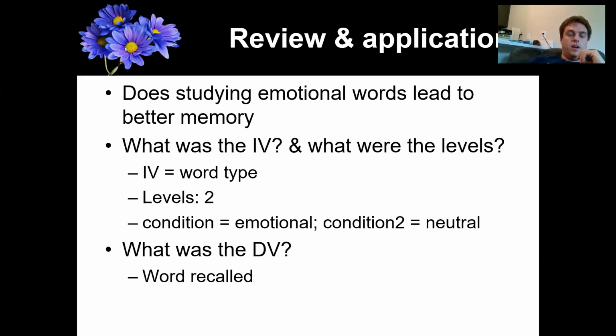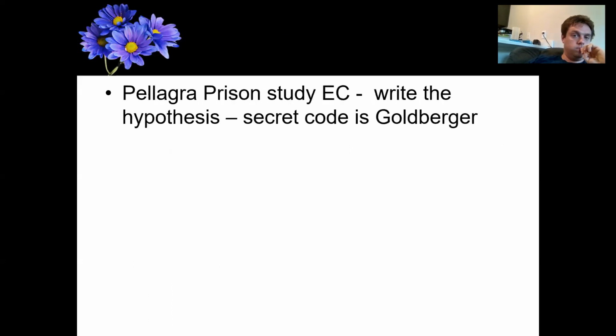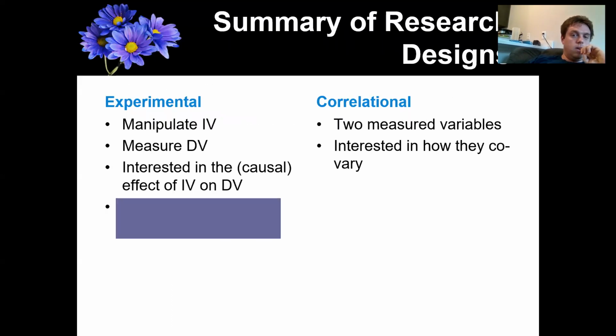And we would have two conditions here, two levels: either emotional words or neutral words. And again, you can have more than two levels. You could have positive words, negative words, and neutral words, and more conditions or more levels.